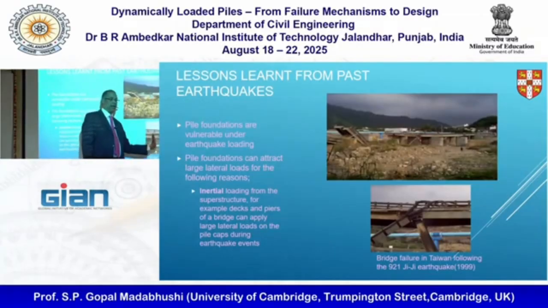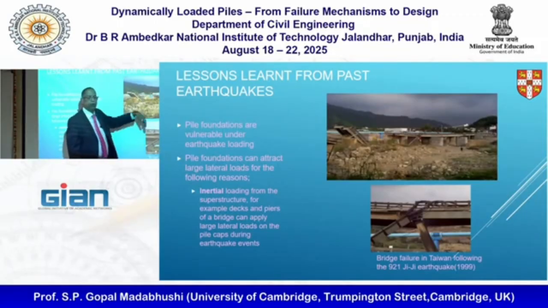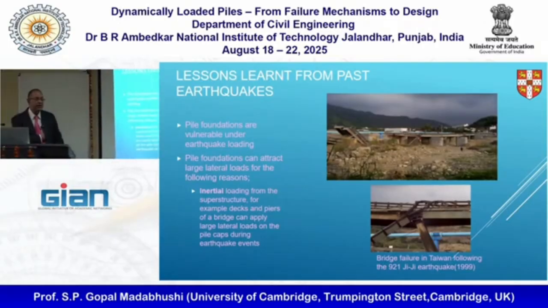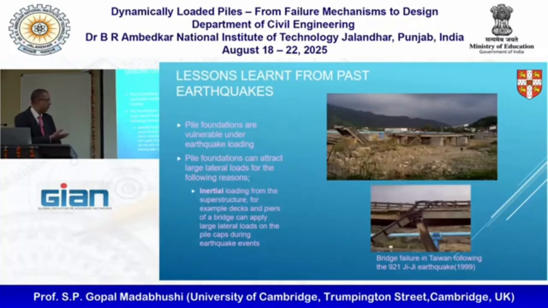Then the pier could rotate, which means there is enough space for the deck to fall down. That's what has happened. So this is a case where inertial loading from the superstructure, the decks and the pier, applied large lateral loads on the top of the pile, failing the pile and therefore causing the failure.